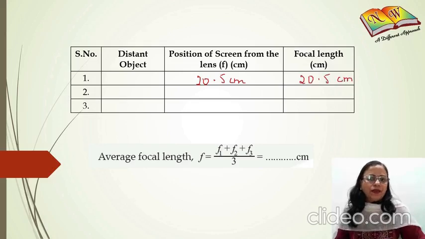Now you can take two more readings using different objects located at different distances, but please ensure that the distance of the object from the lens is big enough so that the image is focused at the focus. In this case, the average focal length is 20.5 centimeters because I have taken just one reading. You can take 3 readings and then calculate the average.